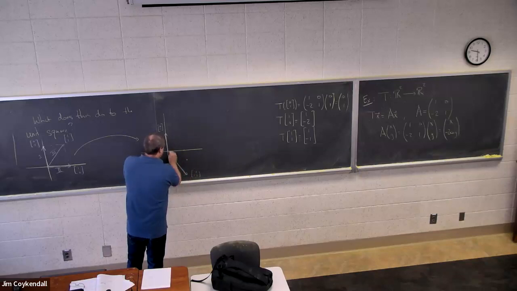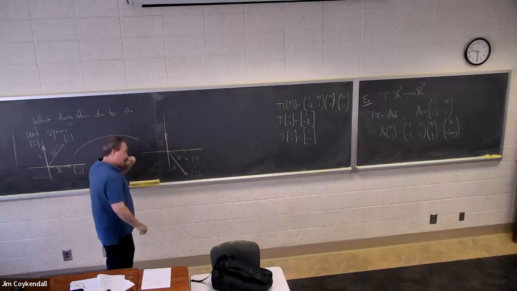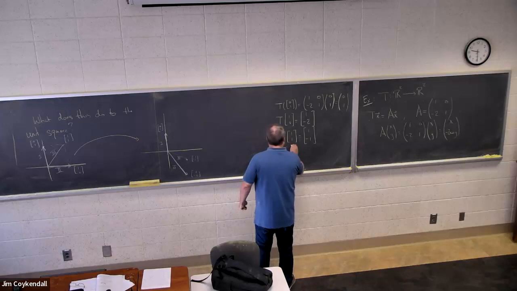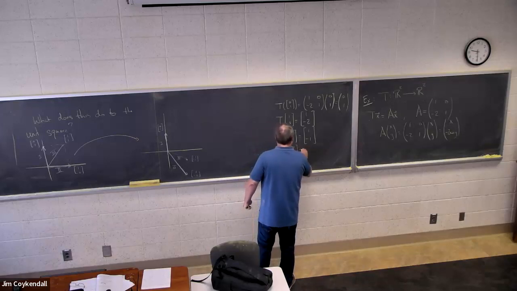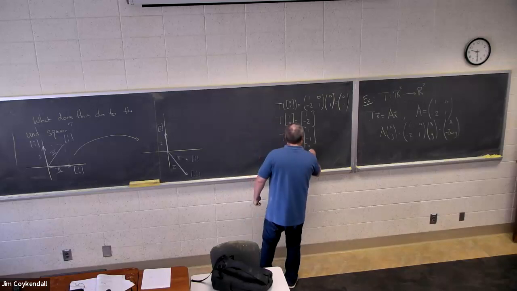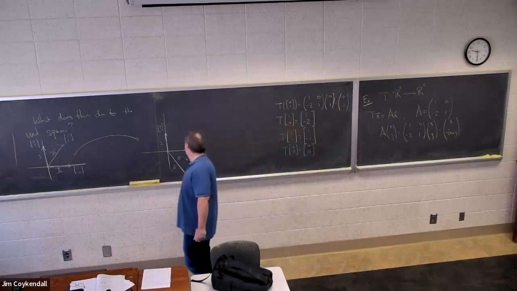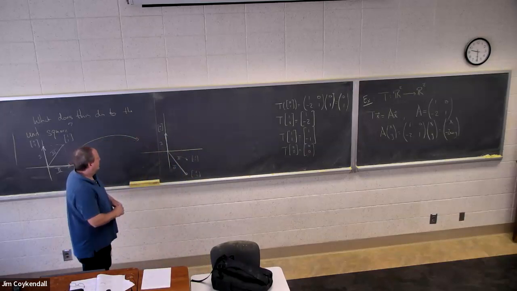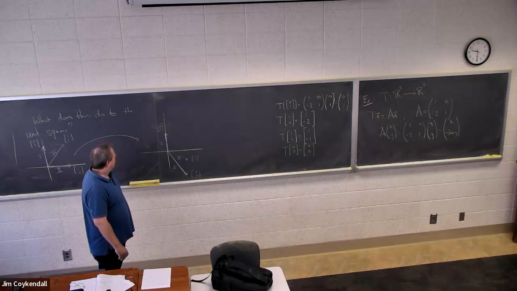So this is the vector 3, 1. By the way, what does it do to the 0 vector? Okay. It leaves it alone. It gets the 0 vector back. Huh. So what do you think this looks like?